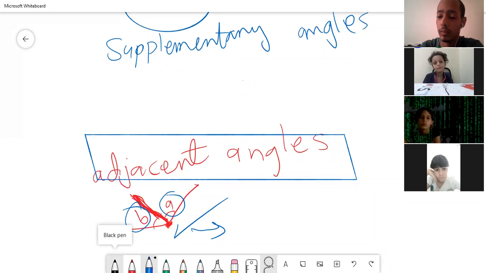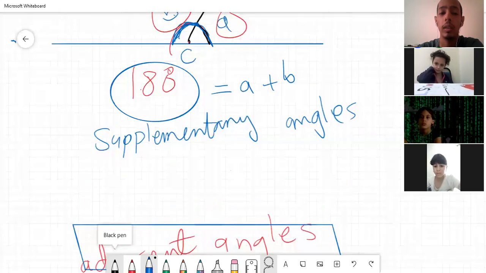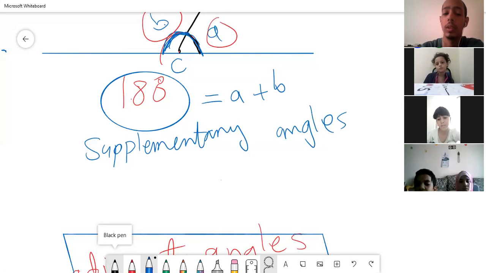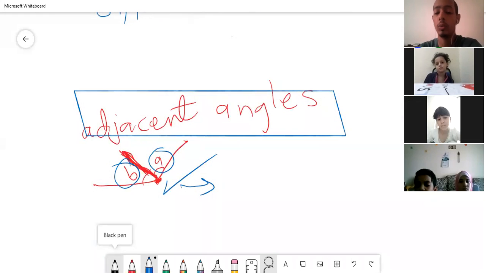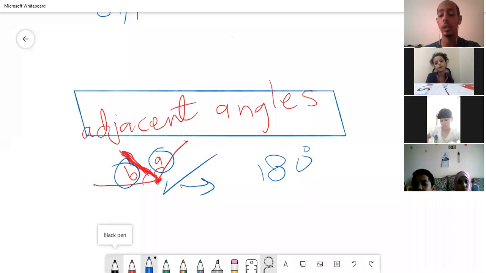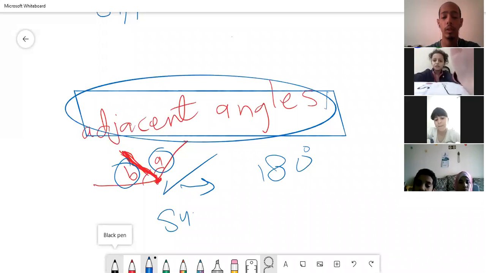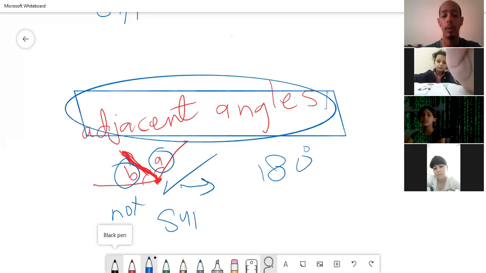What is supplementary angles? We said that supplementary angles make up 180. But do these two angles make 180? No, because they're not on a straight line. So these two angles are only adjacent angles. They're not supplementary.